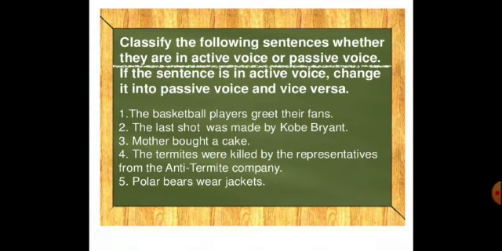It's much better in passive to change the indefinite article into the definite article, so I can say the cake. Yes, was bought. First of all, bought is in the past. I can change the verb to be, which plays a very essential role in active and passive, and change it into: the cake was bought by mother.